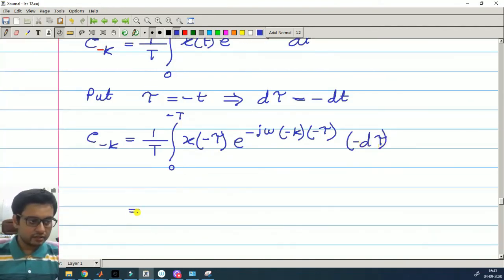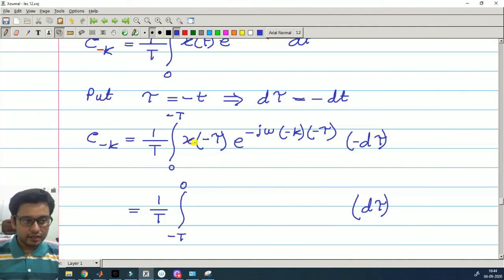Now then 1 over T. Here we have a minus sign. Using this minus sign we can change the limits. We can make it from minus T to 0, and we will make this as plus d tau.